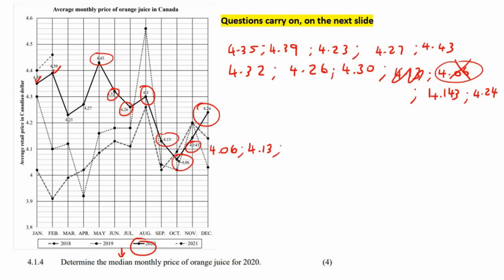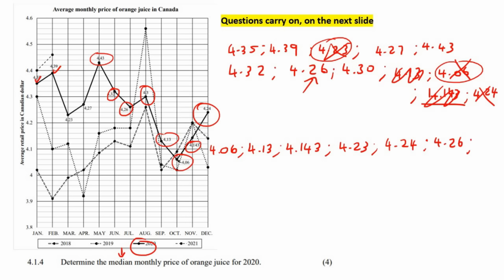Cross off. Then this one, 4.143. Okay. What's the next smallest one? This one, 4.23. Then this one, 4.24. Then 4.26. 4.27.